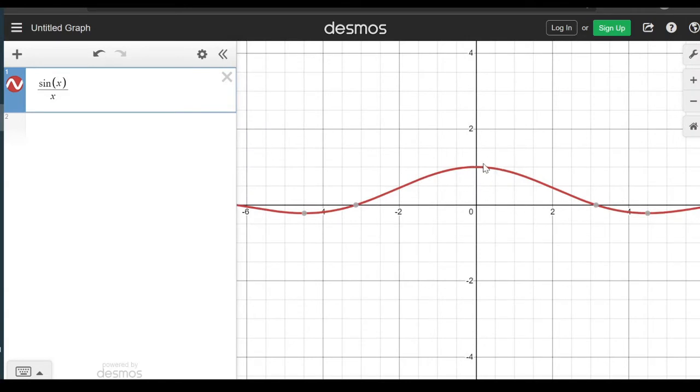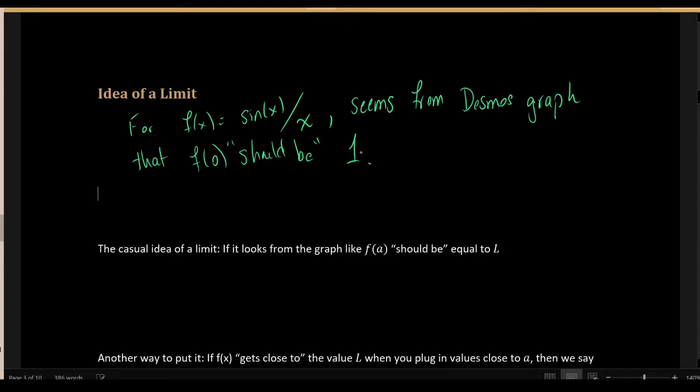Based on the scale of this graph, it really does seem like if I plug 0 into this function, 1 should be the result, right? Because if I look at x equals 0, follow that to the graph, 1 is equal to the height of the graph at that location. So it really seems like f of 0 should be equal to 1.